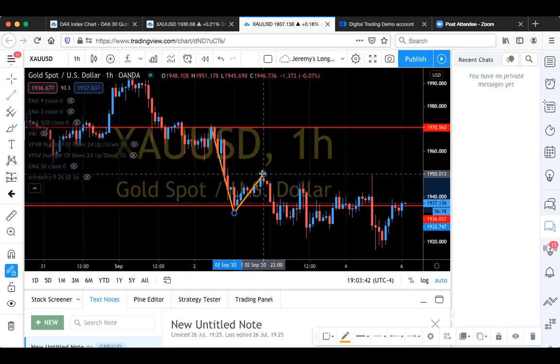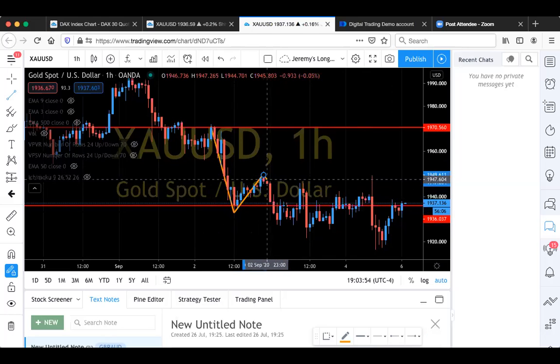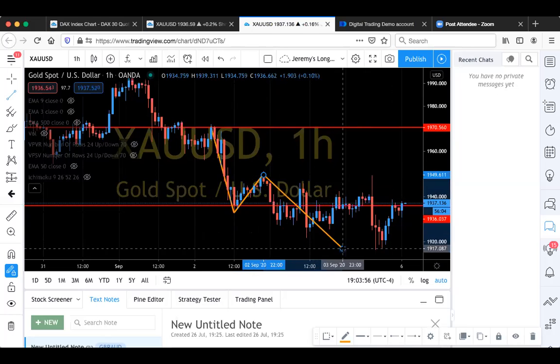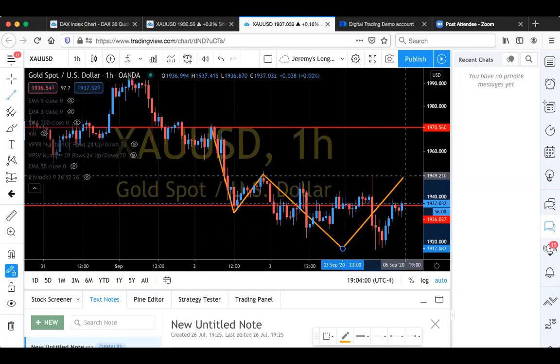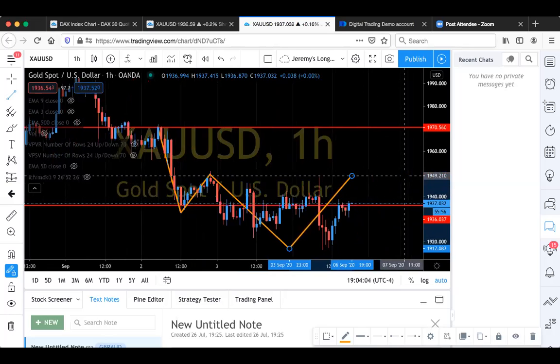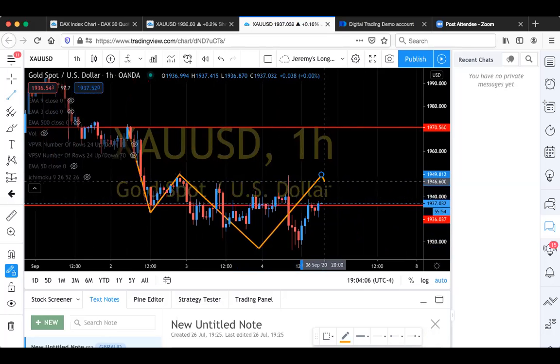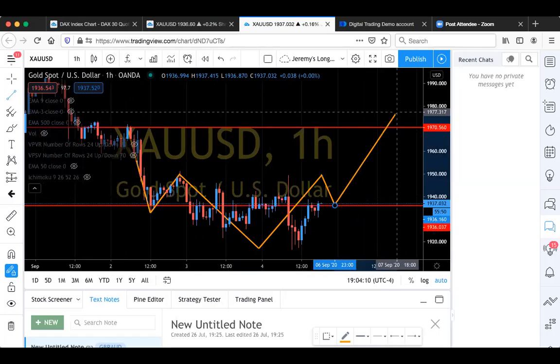And then see, what makes this a head right here is because it passes this line of resistance right here for the shoulder. So this is the left shoulder. This is the head, and it probably could go up to this left shoulder and make a right shoulder, and then more likely touch this and then take off.